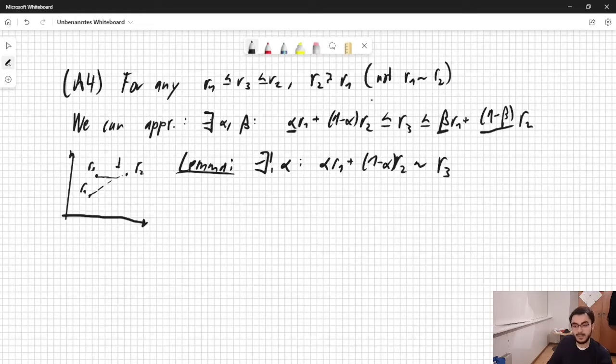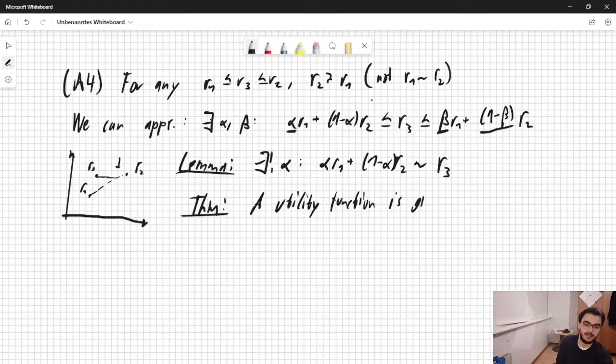This is very, very nice, because under these assumptions, we can immediately construct a utility function. A utility function is given by u of r. So for any r between those two, we're just going to take this constant that combines them.